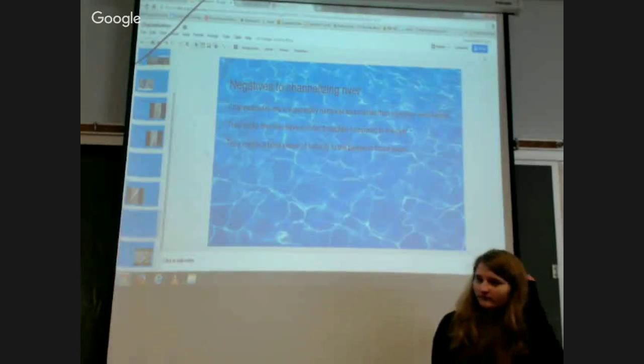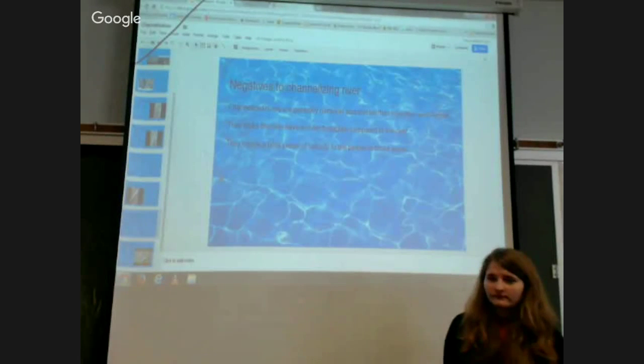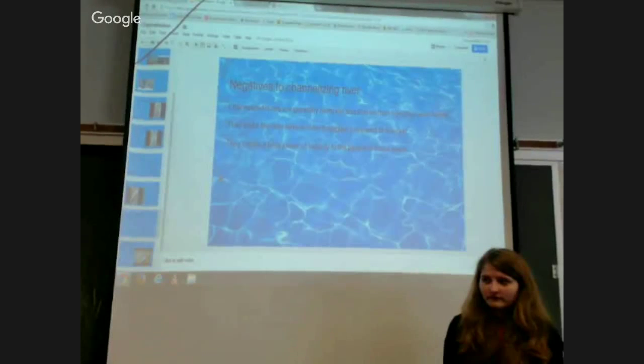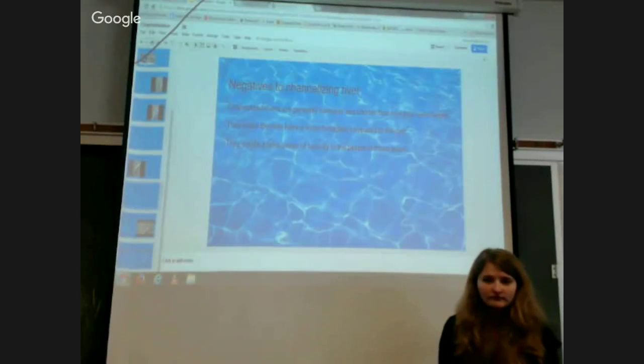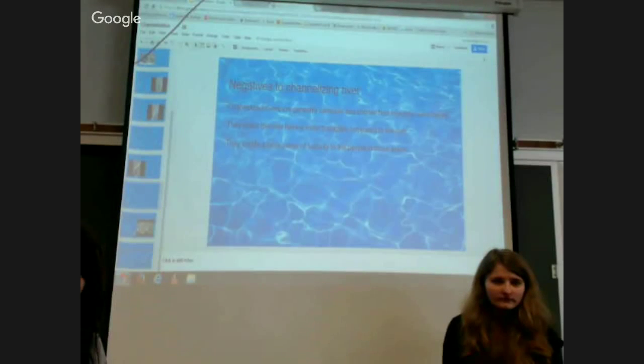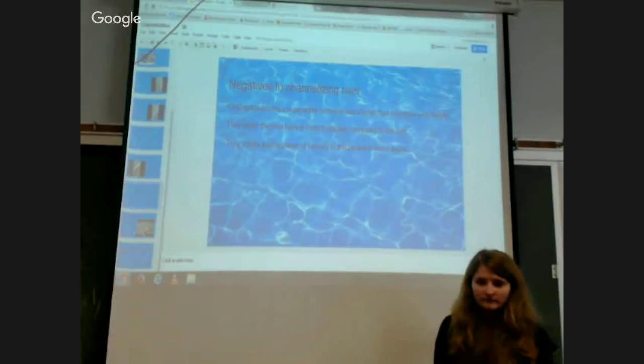The problem with these channelized rivers is that when you take away the curves of the river, it shortens it up and makes it easier for water to flood.